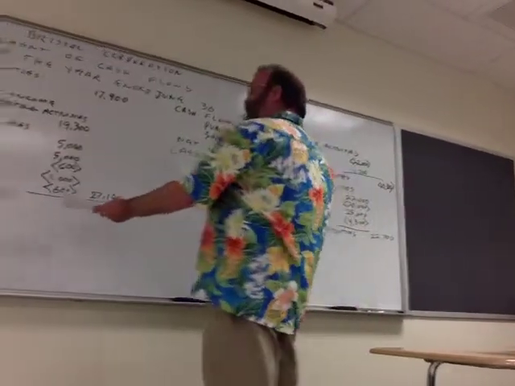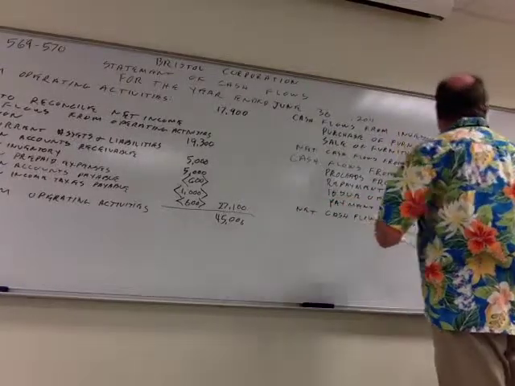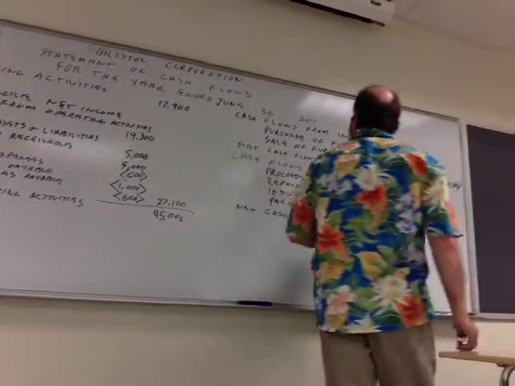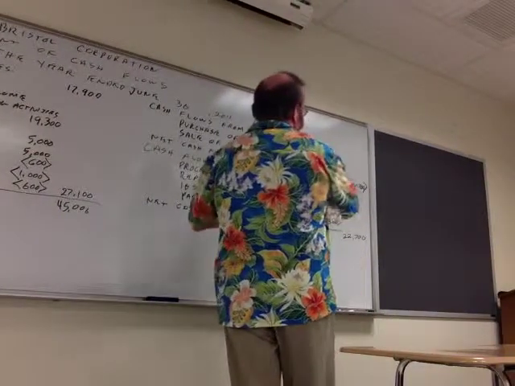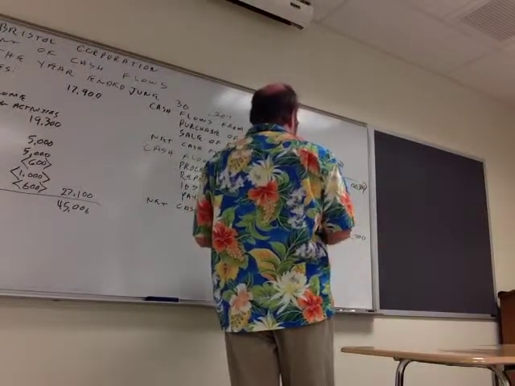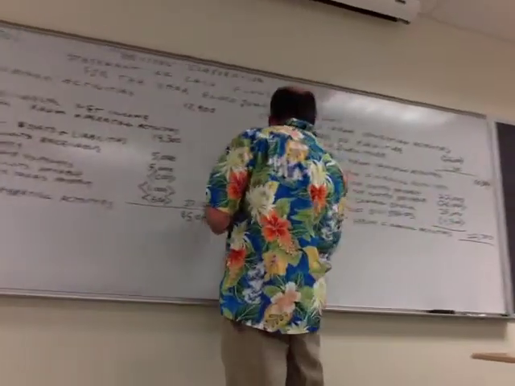If you add up the net cash flows from operating activities, which was $45,000 positive, subtract the net cash flows from investing activities of $10,300, and then add the net cash flows from financing activities, you get the net increase in cash.